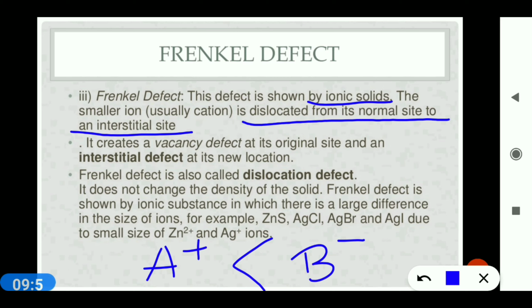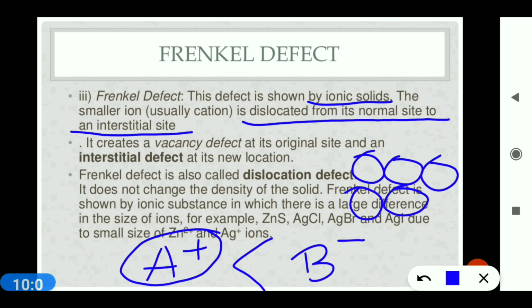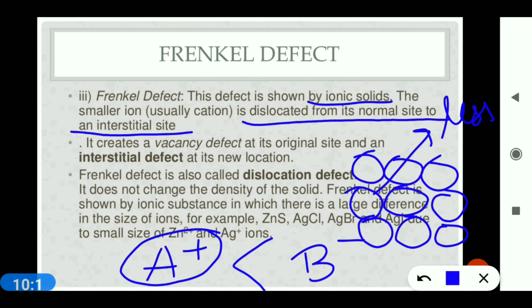It is obvious, because particles in a crystal are arranged very compactly and regularly, so the interstitial space is very small. Only a very small ion can fit there. Of the positive and negative ions, the cation is smaller, so it can go into the interstitial site, but not the anion, because the anion is larger and cannot fit in this small void.